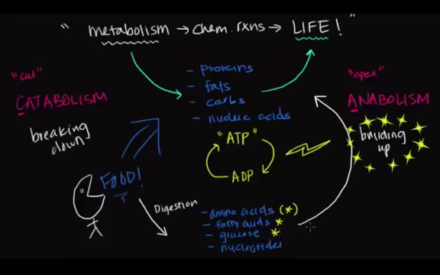Just like wood is a fuel for a burning fire, which produces heat, these fuels in our body can be broken down even further to produce the energy necessary to convert ADP back into ATP, thus allowing this cycle to continue.